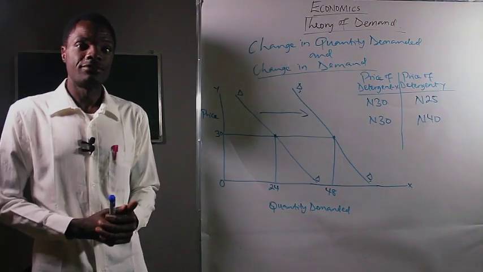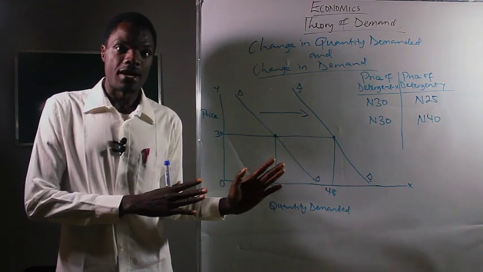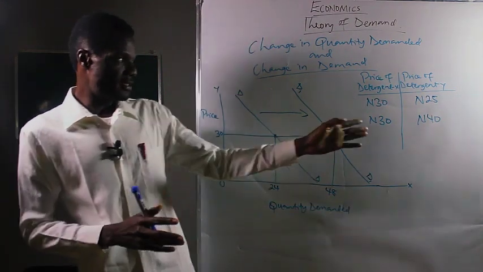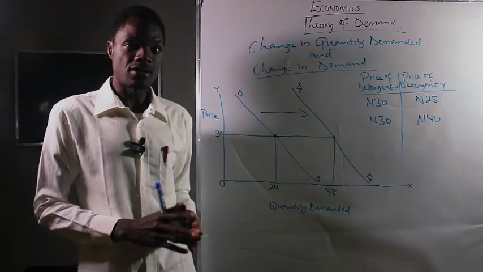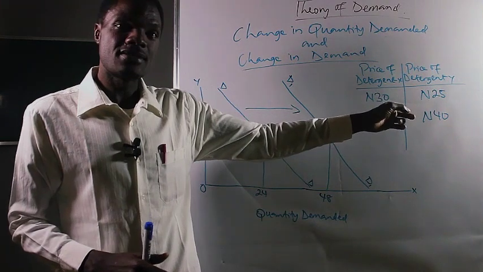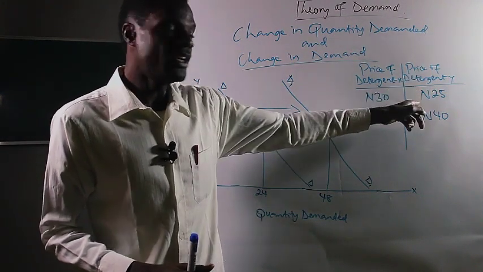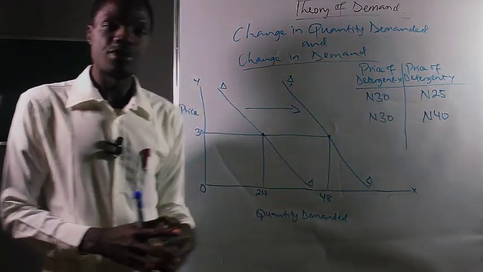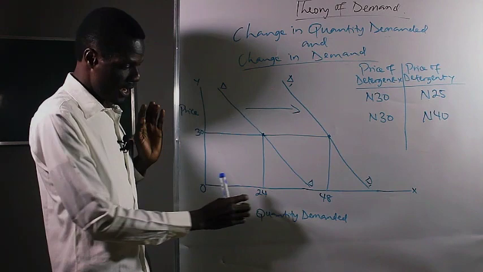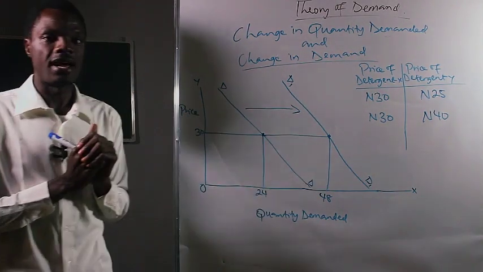Now, as we have seen, there are two goods here, detergent X and detergent Y. And in the case of detergent X, there is no change in price, as we said in this case. But in detergent Y, there is an increase in the price. Initially, it was 25 naira, but now it is 40 naira. So when it was 25 naira, people are buying only detergent X at the price of 30 naira.